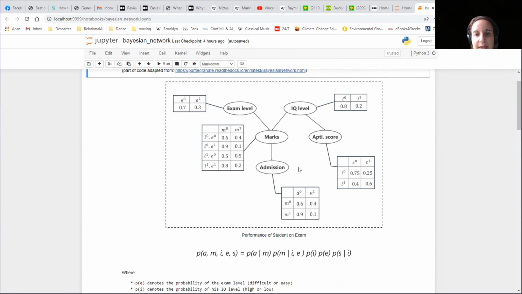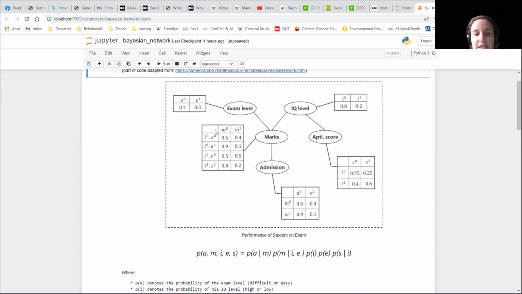Okay, so assume that we have the graphical model, the Bayesian network that is described in this, where there are some edges, some arrows that probably you cannot see, so I'm going to say it. We define a variable that describes whether the student is admitted or not, say in a university. This variable depends on the marks of the students, the marks of their own specific exams.